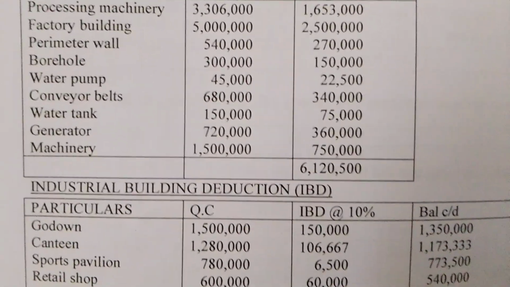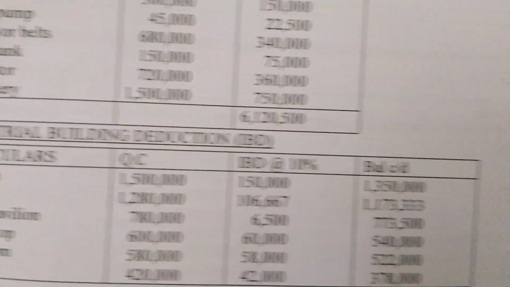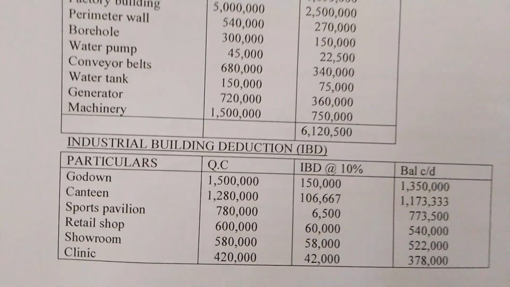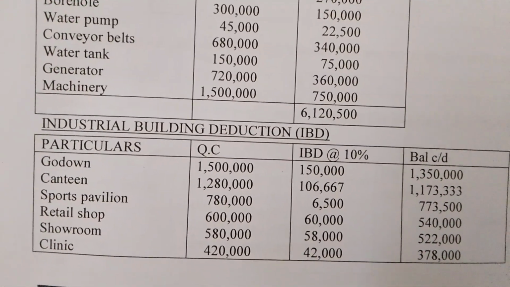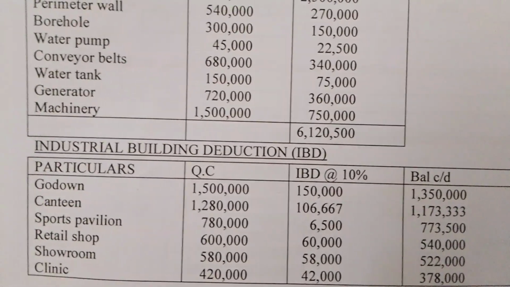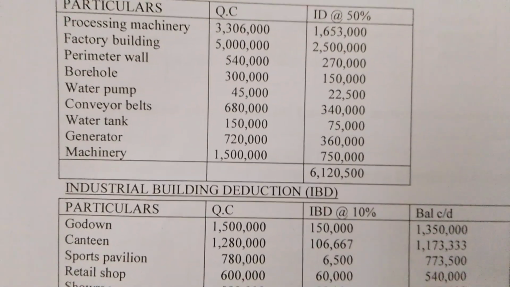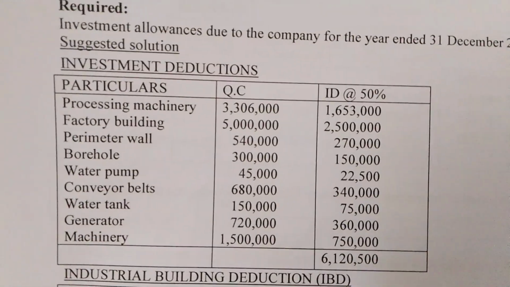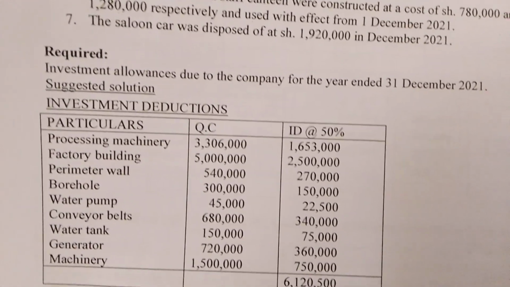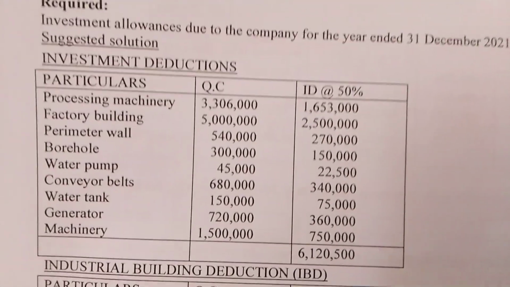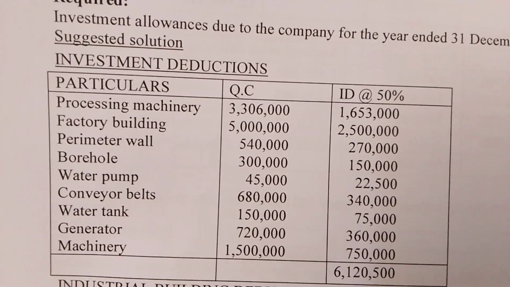Then industrial building deductions, which we grant at 10%. These are all the other buildings where no manufacturing takes place, like godowns, canteens, sports pavilion, retail shops. So investment deduction at 50% is for buildings where manufacturing takes place, or any machines or structures which support manufacturing.